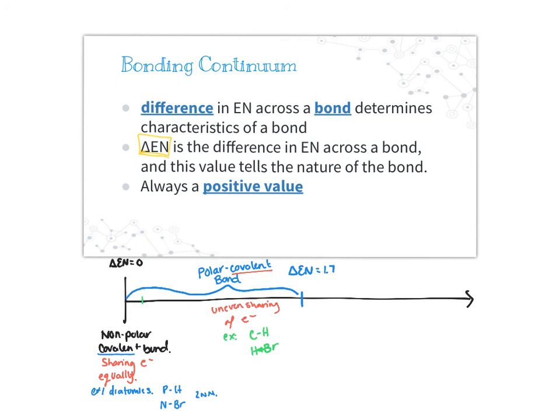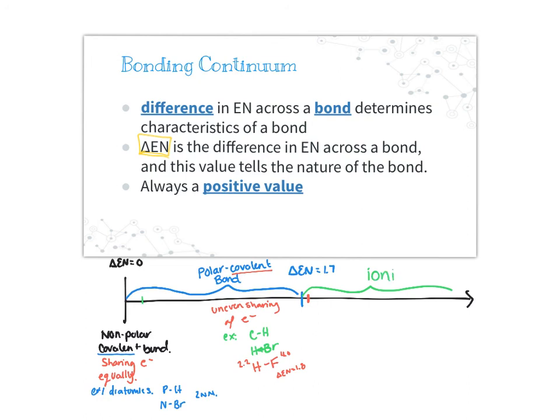All right, now I'm going to add one other example here that's still polar covalent. HF. Now, if we looked at HF, fluorine has an electronegativity of 4.0. Hydrogen is 2.2. So the difference here is 1.8. So technically that puts it just outside this polar covalent range, which would start to become ionic above 1.7.